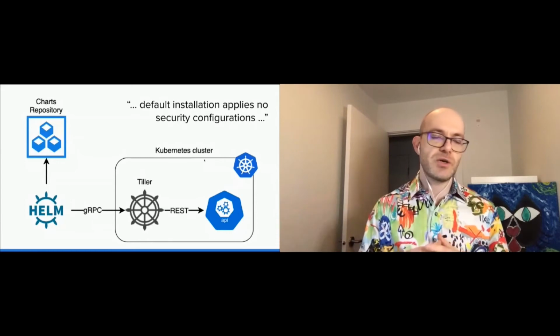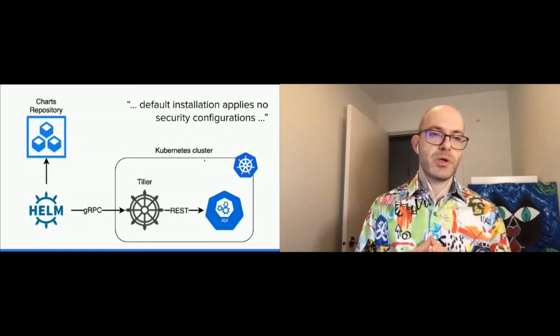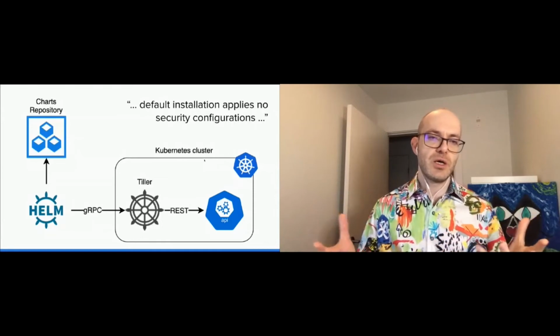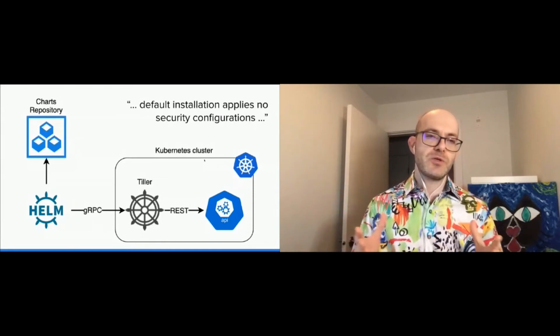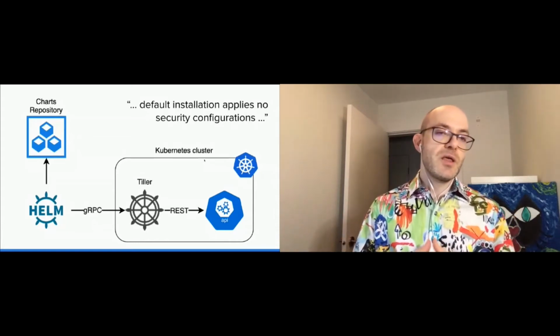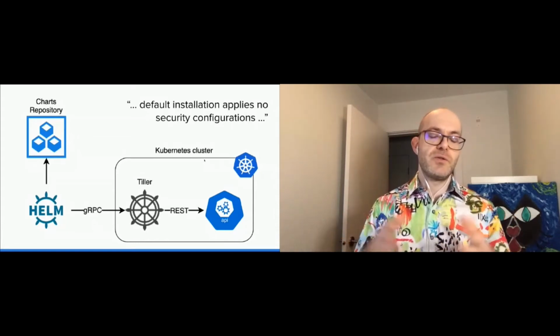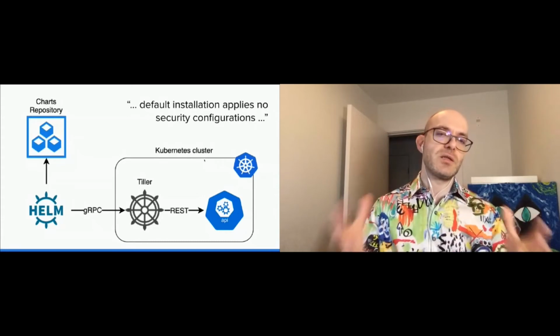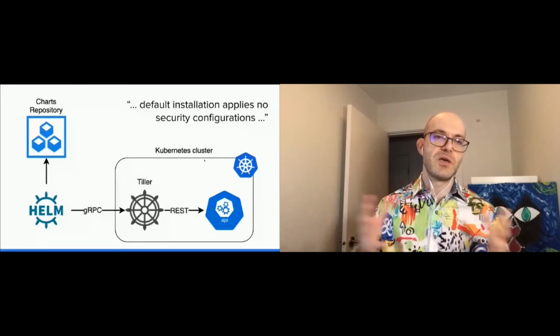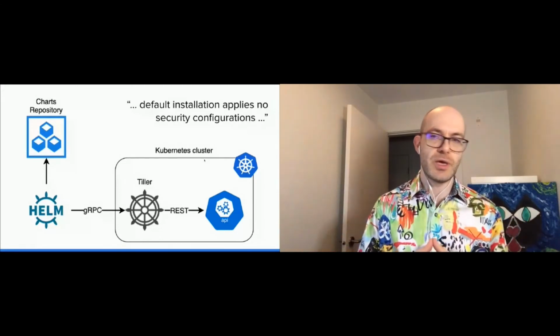It can read secrets, it can deploy new workloads, it can check the status of the cluster and potentially do other things as well. Which also means that if somebody has network level access to the tiller, that might be an avenue for them to escalate their access within the cluster to the privileges of the tiller, which are usually fairly broad.